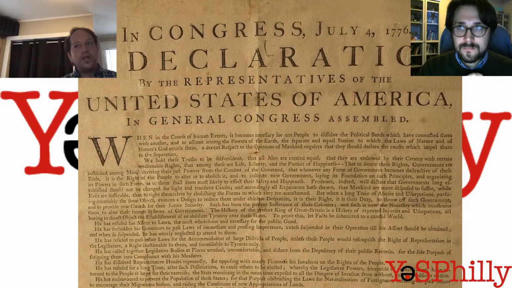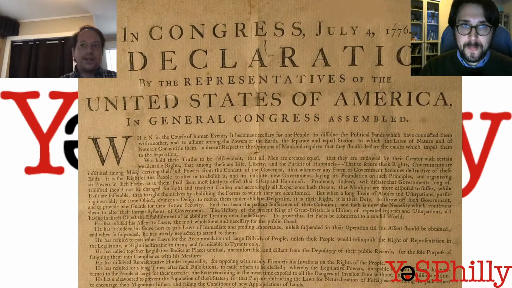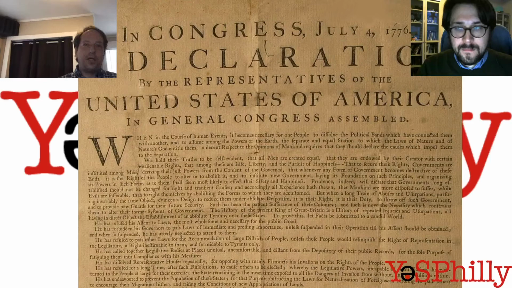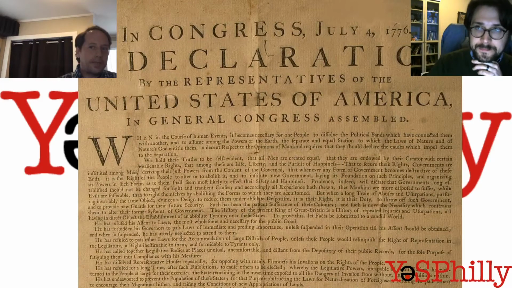right? Your own self-interest, and clearly the colonists over the course of the 1760s and the 1770s increasingly felt that their ability to pursue those interests was being unreasonably limited by the British government, right?